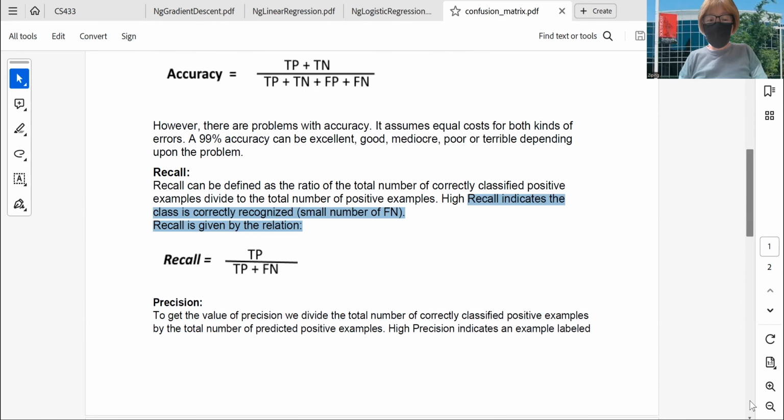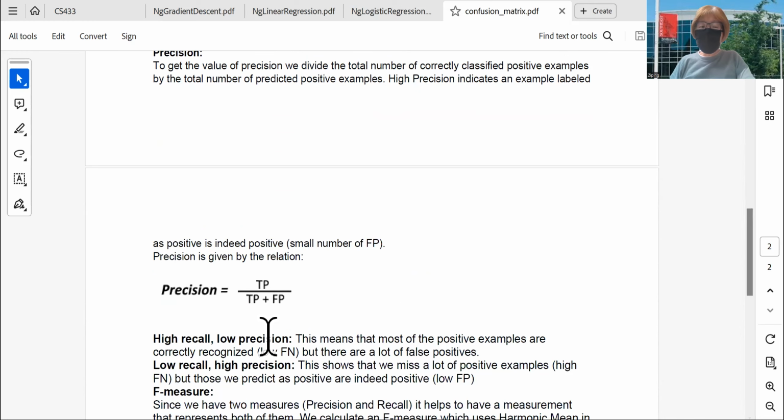And the precision. Precision is true positive over true positive plus false positive. High precision indicates an example labeled as positive is indeed positive. So this is also good.